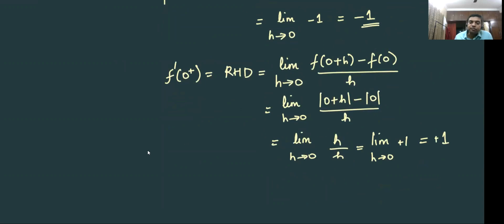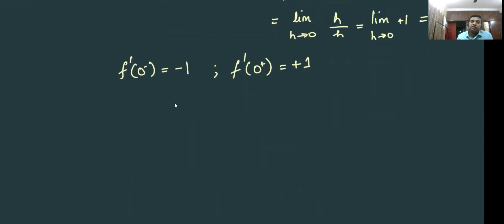So left hand derivative f dash of 0 minus is minus 1. Right hand derivative is plus 1. So left hand derivative is not equal to the right hand derivative.